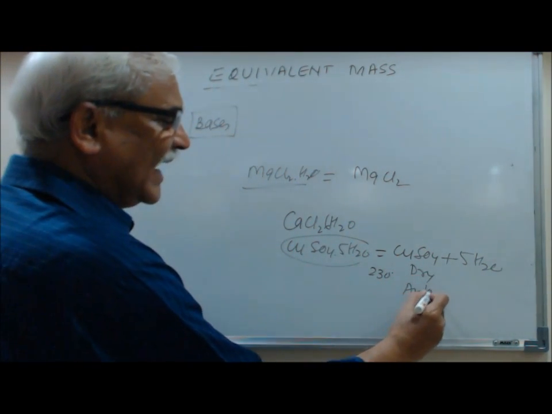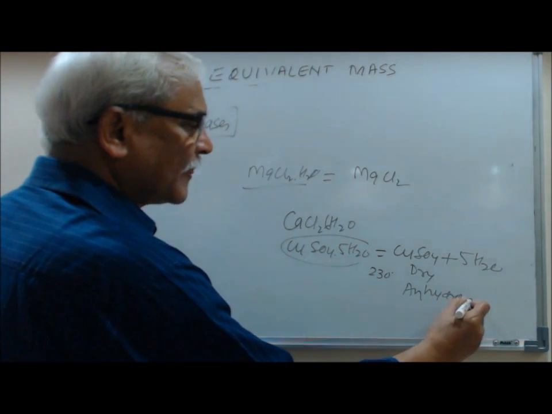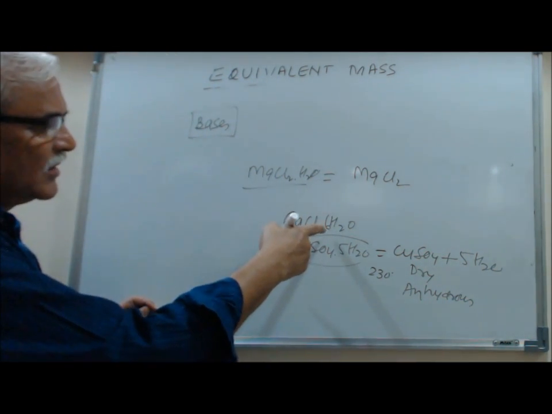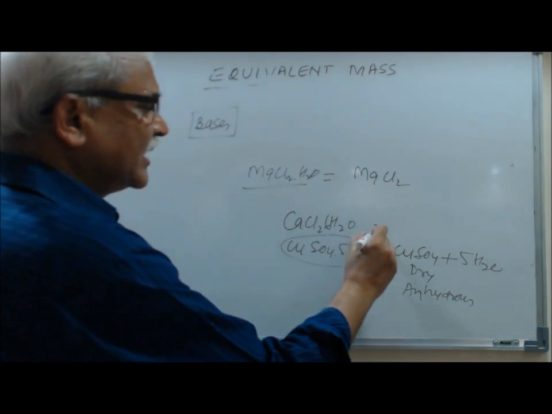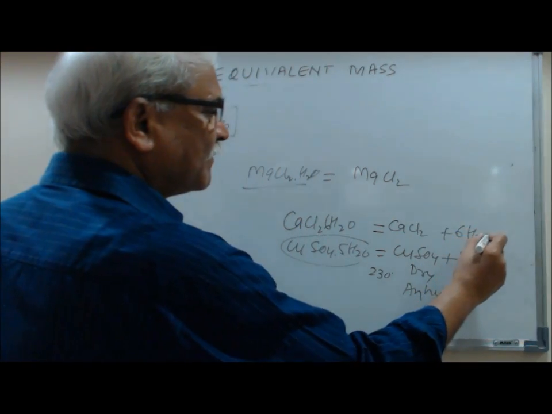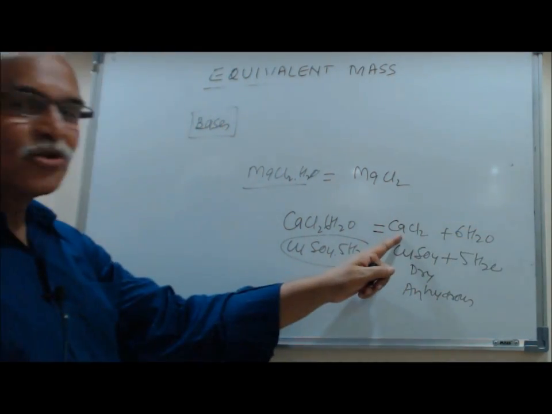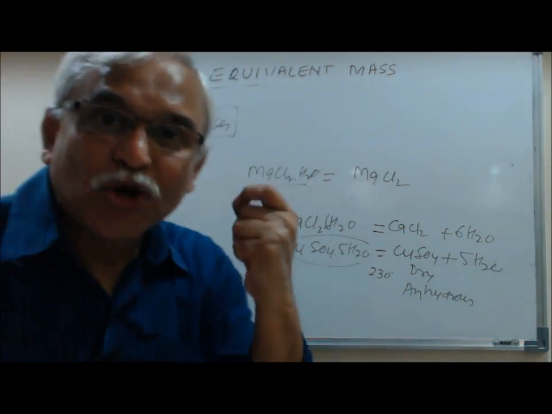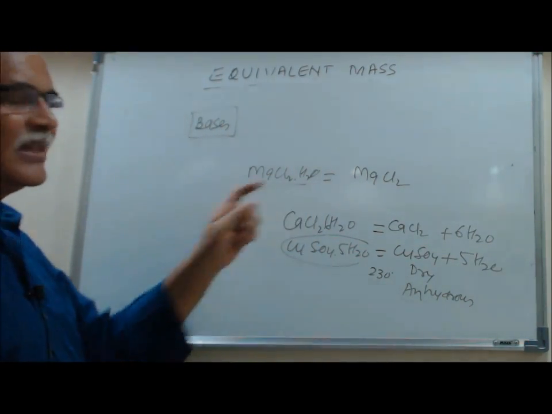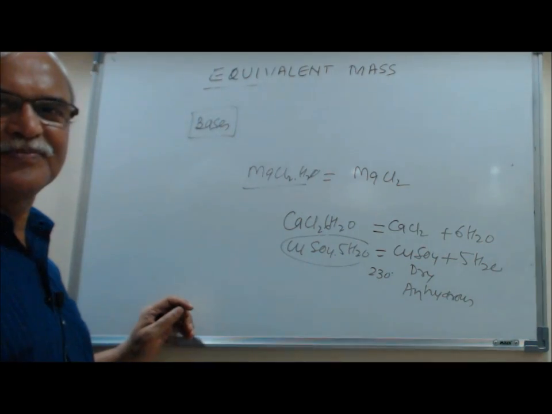This is also called anhydrous. So calcium chloride, whose hydrous sample is this, if you heat to a larger extent, becomes dry. This is called anhydrous or dry sample. You cannot create a dry sample of magnesium chloride just by heating the hydrous sample.